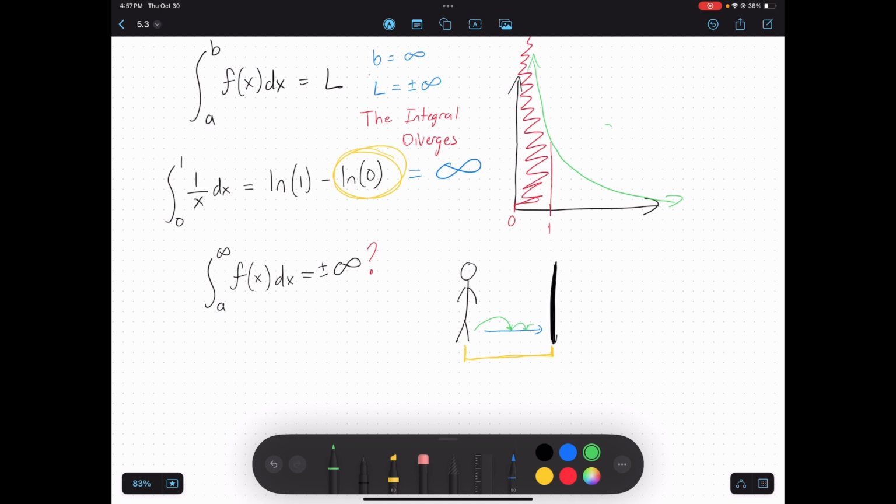Well, you're slowly getting closer to that wall, but if I'm only going half the distance, then I will never actually reach the wall. I'll take an infinite number of steps without ever reaching the wall, even though I'm working with a finite distance. So you'll see some examples on the homework where, even though you have an infinite bound, the value of the integral exists and isn't infinite.